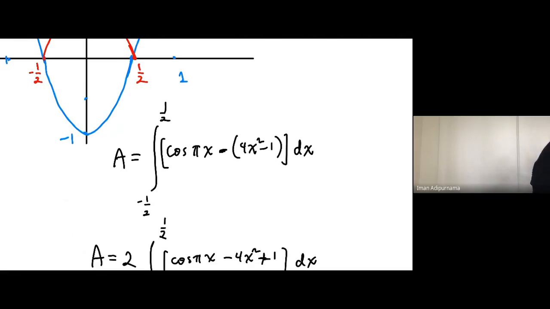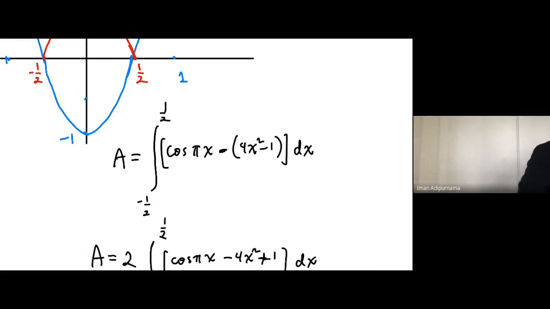You need to switch the axis to see which one is the top one. Or you can say the one on the right minus the one on the left. That's the whole area between curves concept: how you find the area, which curve minus which curve.